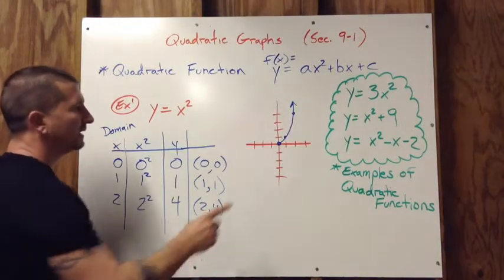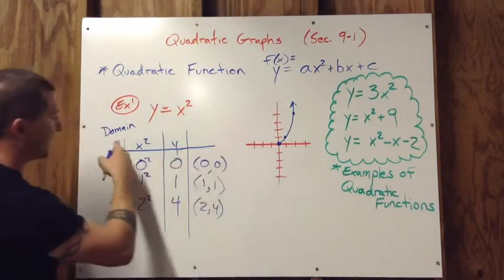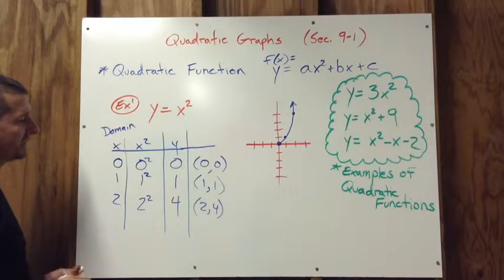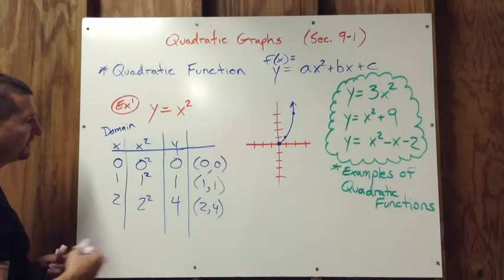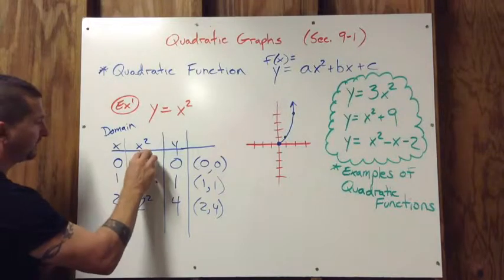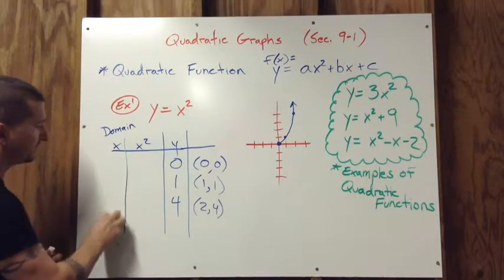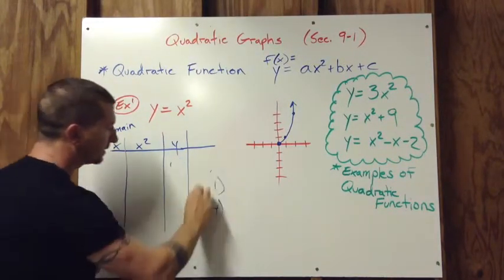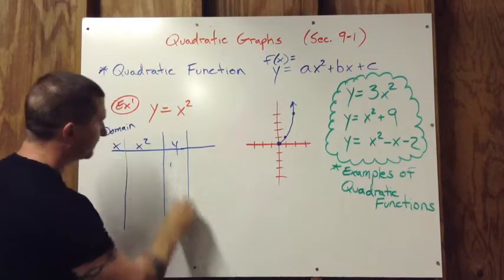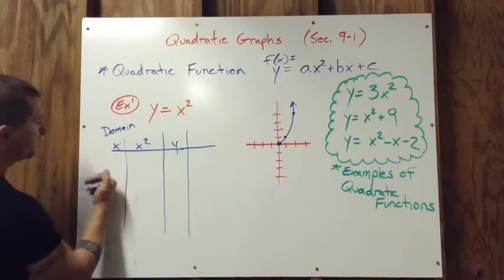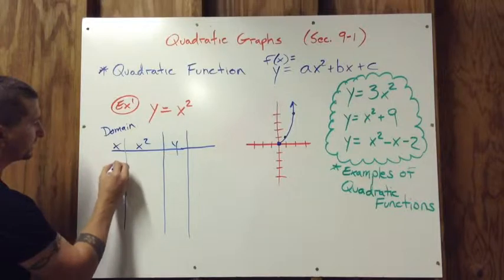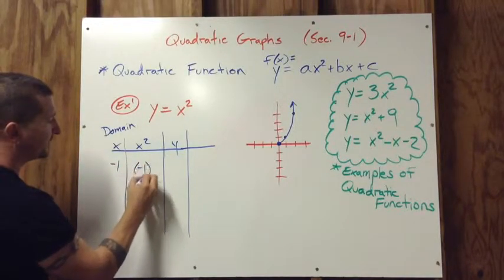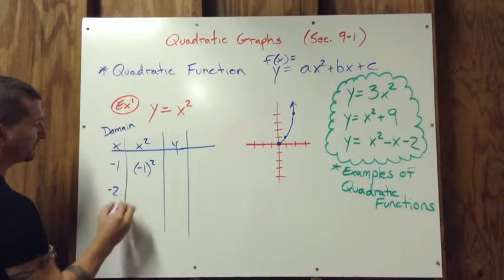Now, what happens if we were to put in negative numbers for our x values? Let me go ahead and erase these real quick. Let's put in a negative 1 for x. Then we'd have negative 1 squared. What about a negative 2?